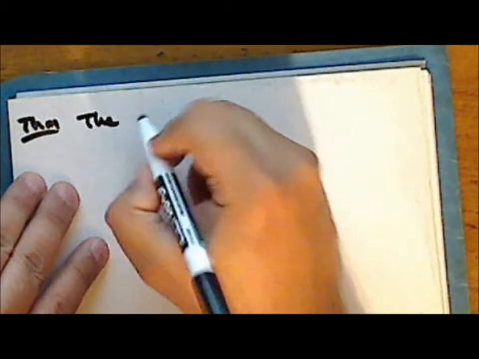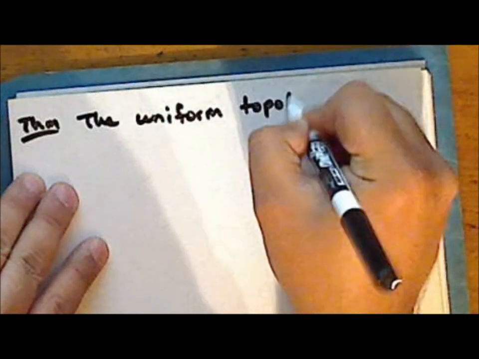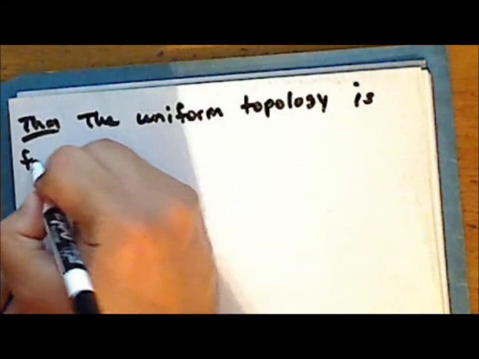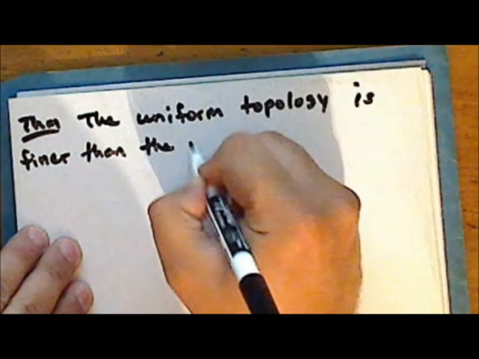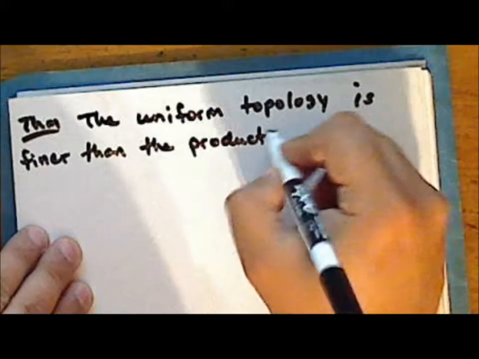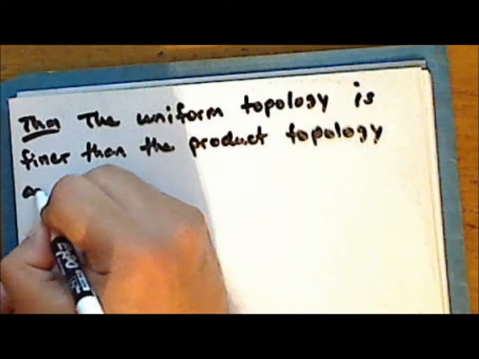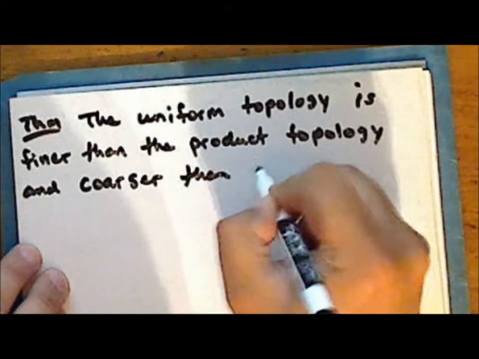So next, we'll show via theorem that the uniform topology is finer than the product topology and coarser than the box topology.